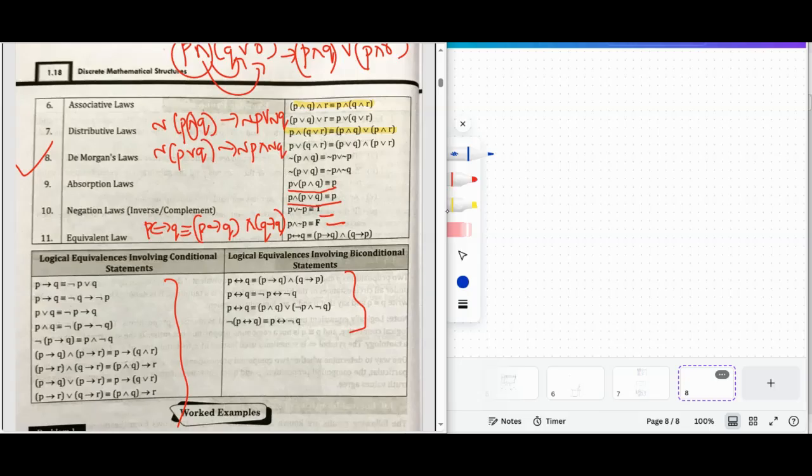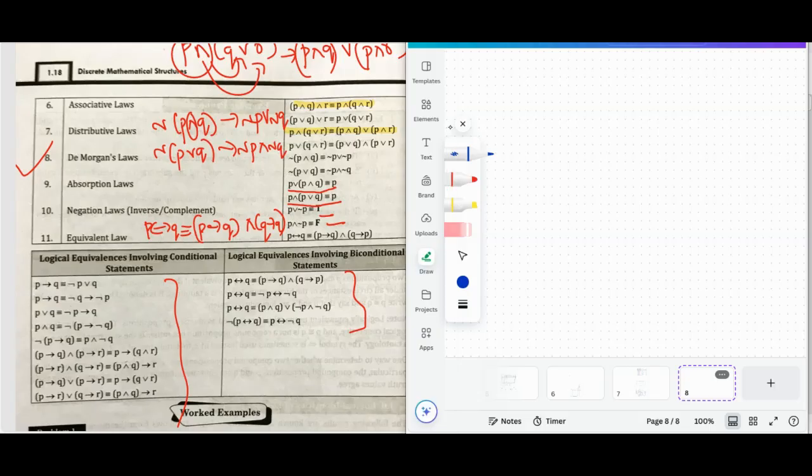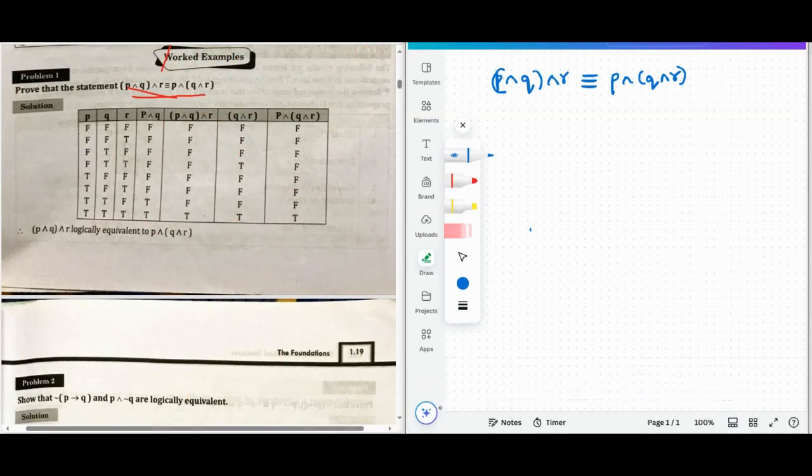So let me take any one of these: (P and Q) and R is logically equivalent to P and (Q and R). So it is the associative property. Now we have to prove that the LHS is equal to the RHS.